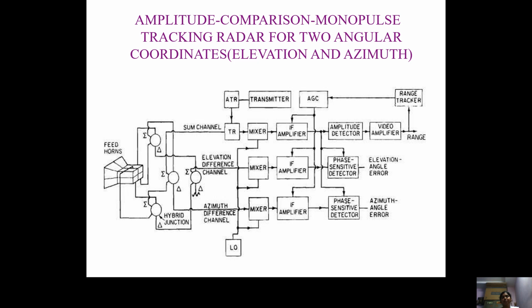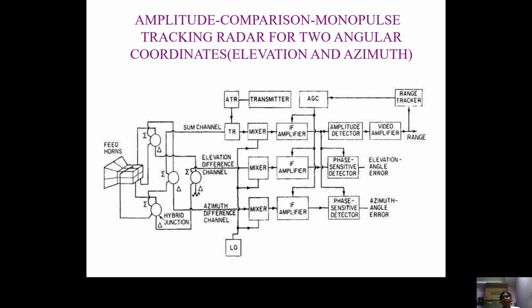Here we are going to use the sum of two feed antennas together as one output, and the sum of the other two overlapping patterns as another output. Using these two, we extract the difference channel by subtracting the sum from two adjacent antennas from the sum of the other adjacent antennas.